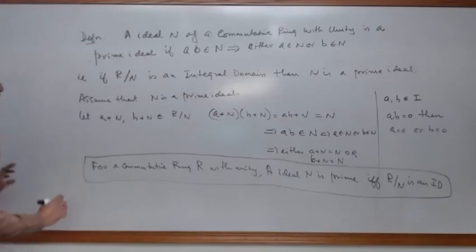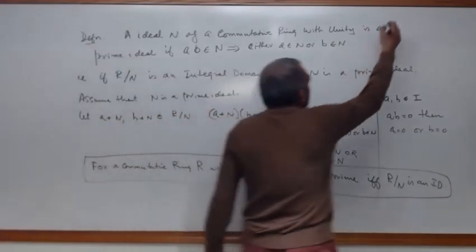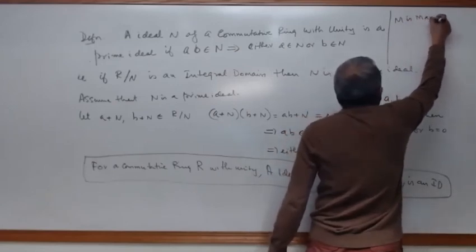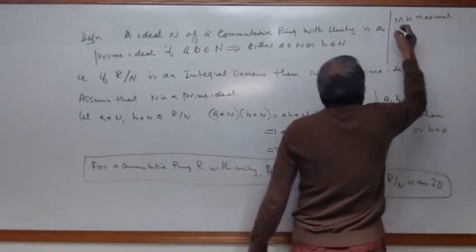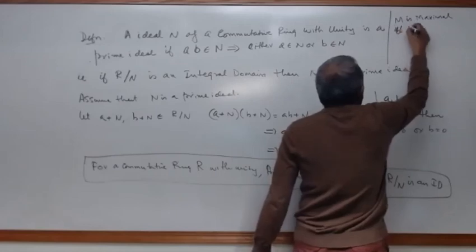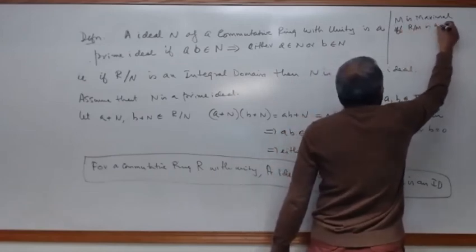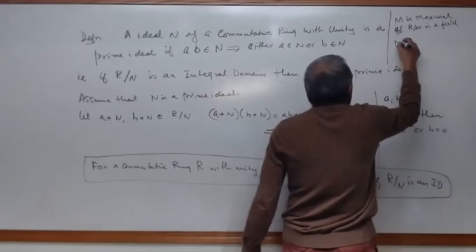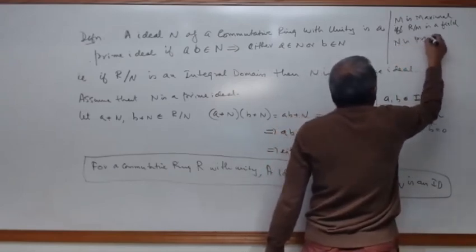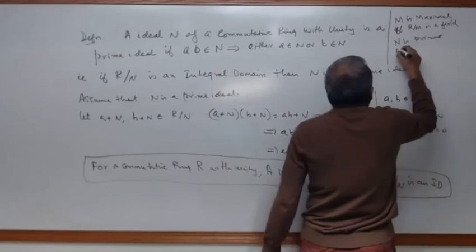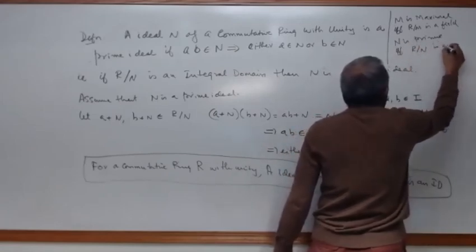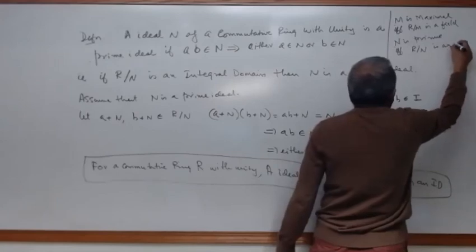So we have two conditions here. M is maximal if and only if R by M is a field. N is prime if and only if R by N is an integral domain.